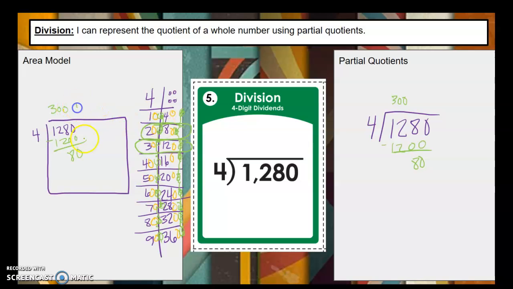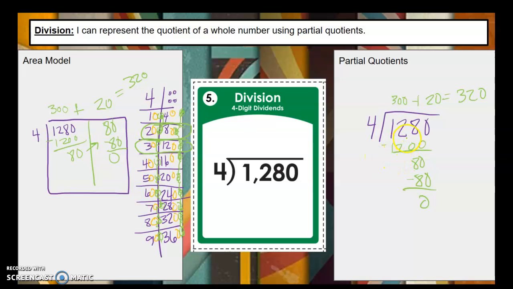So I'm going to bring that 80 over. So I'm going to say plus a group of 20, which is minus 80, plus a group of 20, and minus 80. You end up with 0. So then that's your answer, 320. Okay, so same exact thing, exact same way.